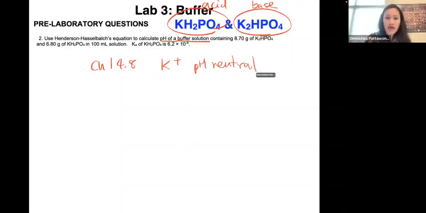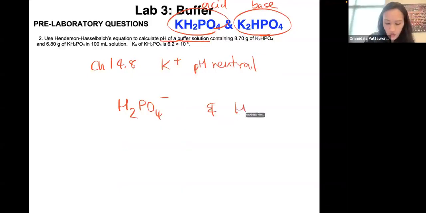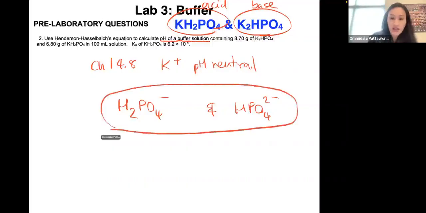Therefore, for the salt that we are going to use in the lab this week, we are only going to consider the counterpart of it, which is H2PO4 minus, and the other one would be HPO4 2 minus. Again, the reason for excluding potassium is that potassium will not do anything in the reaction. The only two components that will react in water are these two conjugate acid-base pairs.